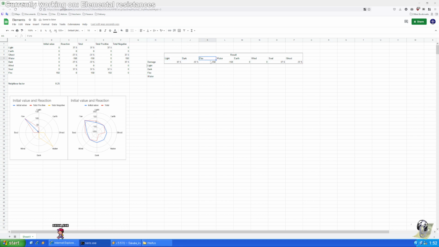Light, dark, fire, water, earth, wind, soul, ghosts. And damage 100 is gonna be so light on light.